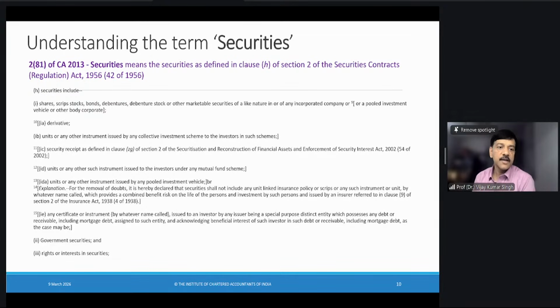Now, the second important thing included in the definition of security is derivative. There are derivative instruments. I don't know whether you have read derivatives, but briefly I will tell you. A derivative is an instrument or security which derives its value from the underlying. For example, take oil.